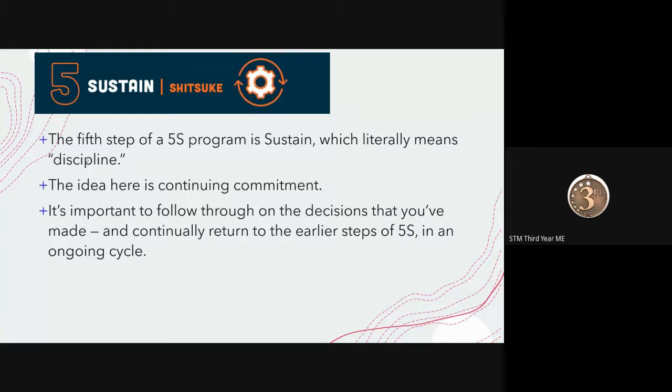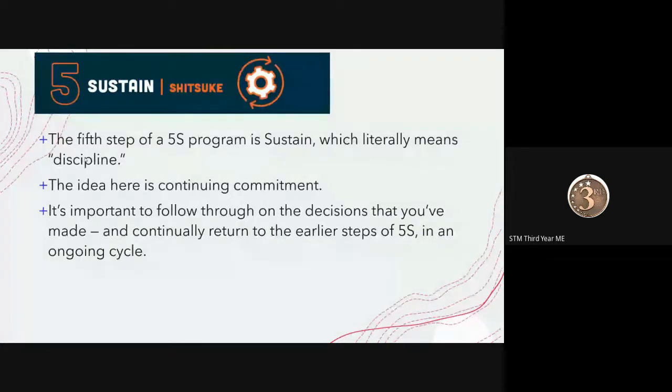We standardized it so that if everyone follows it, then we will eliminate some of the wastes that we mentioned earlier, and that is the purpose of standardizing in the 5S situation. So after that, we have to sustain it.